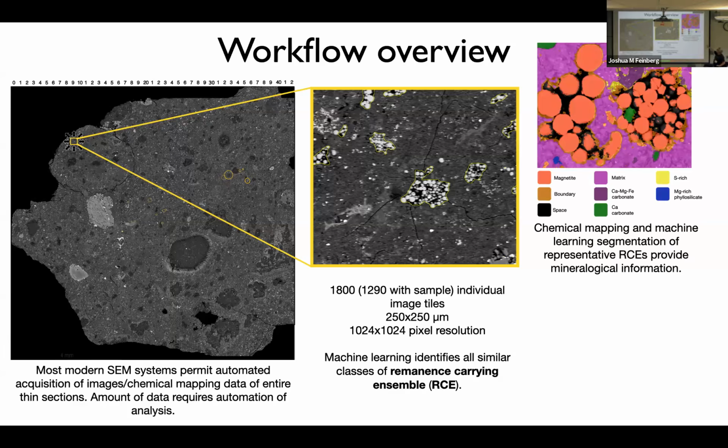So I'll show you a machine learning tool that we've published. It's a Python tool for taking chemical maps and doing an automated breakdown of the spectra, unmixing those different spectra. And it's particularly aimed at our community because we're always dealing with very fine-grained things.